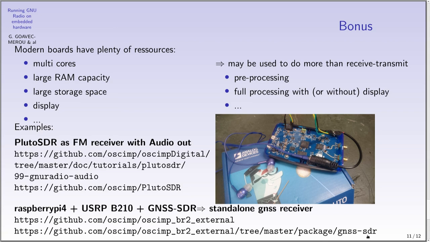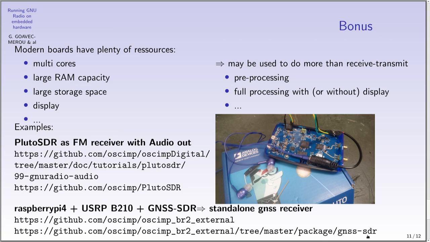So in this configuration, the Pluto SDR receives FM modulation, does everything, and finally provides this to an ALSA sink, audio sink, without having the need to use a host computer.